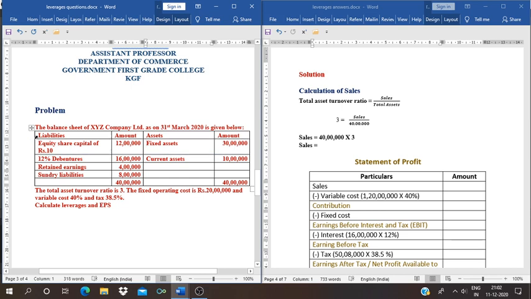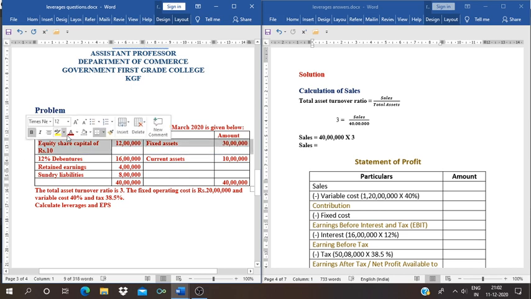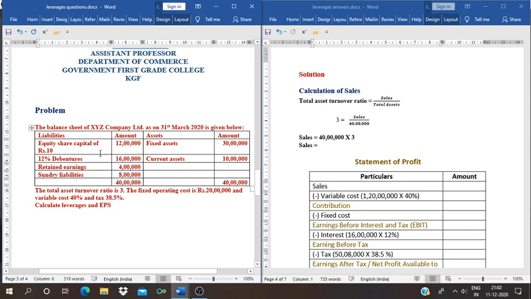Here is the problem. The balance sheet of XYZ Company Limited as on 31st March 2020 is given below. First, look at the liabilities side. The first one is equity share capital of rupees 10, amount is 12 lakh. 12% debentures 16 lakhs.